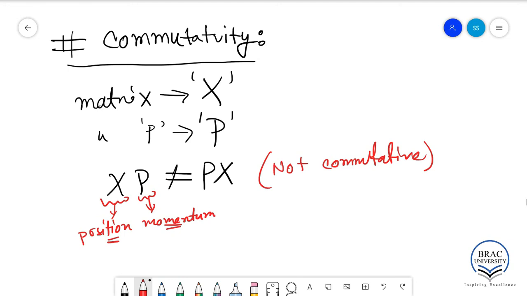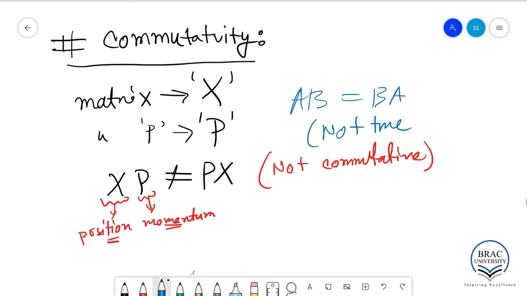And if they don't commute, that means we cannot measure the momentum and the position of that particle simultaneously. And from this non-commutativity, the famous Heisenberg's uncertainty principle arises. So this is a very important fact to keep in mind, that we cannot always write AB equal to BA. So this is not true always. This is the thing we have to keep in mind while we multiply and manipulate matrices.